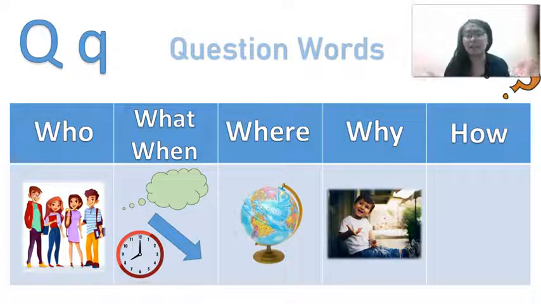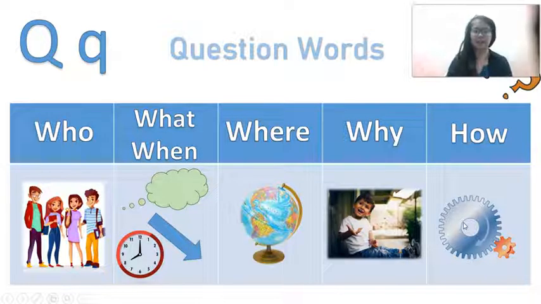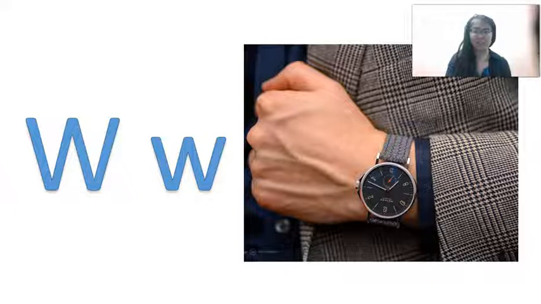How do I bake a cake? So how things work is what that's supposed to represent. So you'll see in all of these question words the letters that we're going to be learning for the end of our alphabet unit. So next, we're going to talk about W.